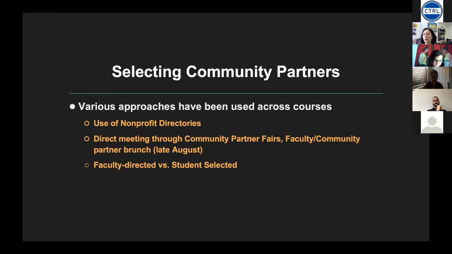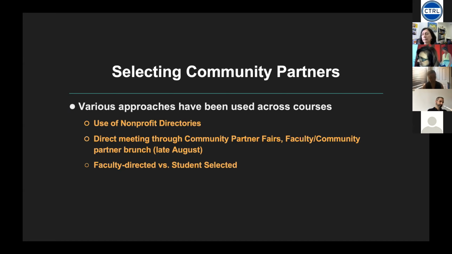But the second one is, if everything is normal in the fall, and it's looking semi-normal, but not completely normal, there's a community partner fair on the quad in the fall, and we invite a lot of groups to come and talk to students directly. We do a brunch the last week in August, and we would invite you all to come and invite different partners to attend.